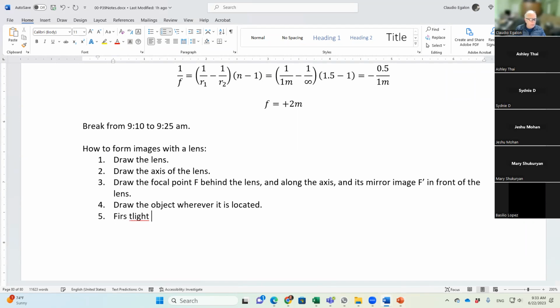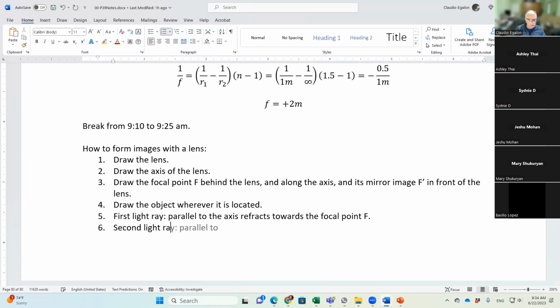First light ray can be the one parallel to the axis. Refracts towards the focal point F, right?